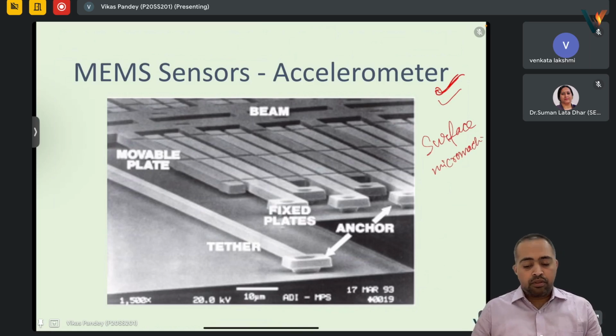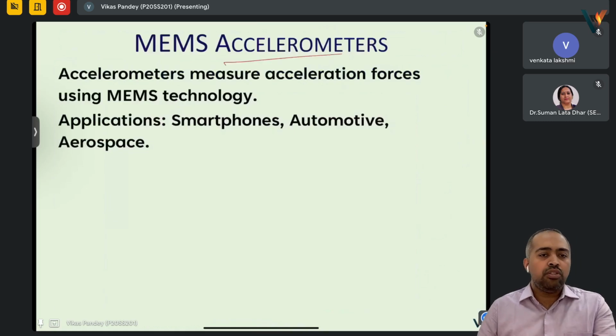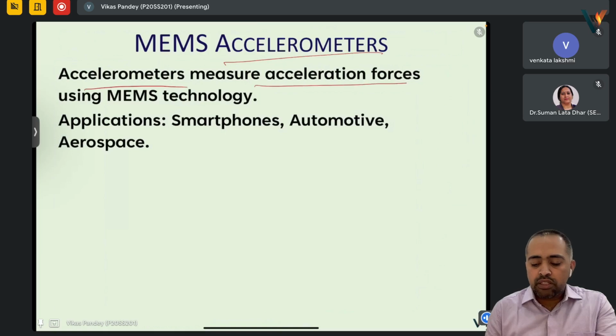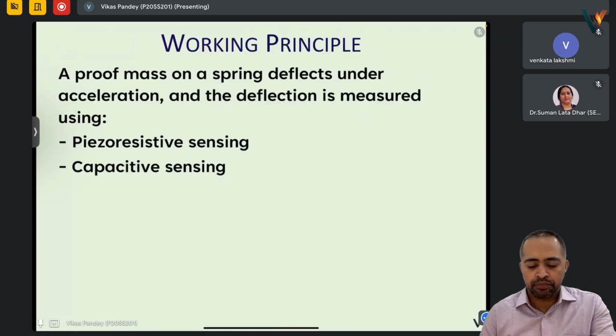So what is an accelerometer? These are very commonly used in our phones and cars. Accelerometers measure acceleration forces using MEMS technology. Smartphones, automobiles, even aerospace commonly use them.